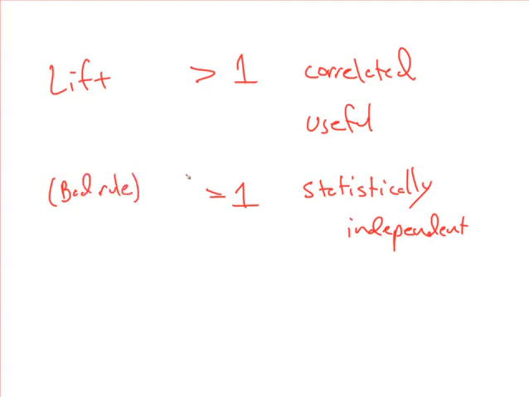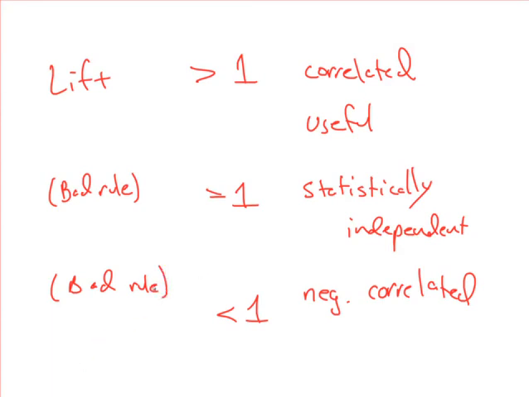And if we have lifts that are less than 1, that actually means that they're negatively correlated. And this is what the example in the notes is, and that means that the rule is not only bad, but even worse, it's misleading. It's one of those cases where if you are not careful dealing with statistics, then they can lie.